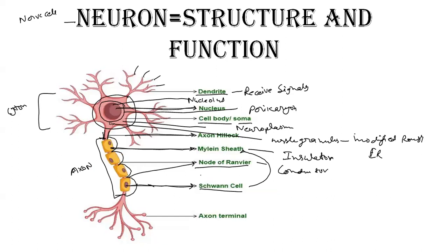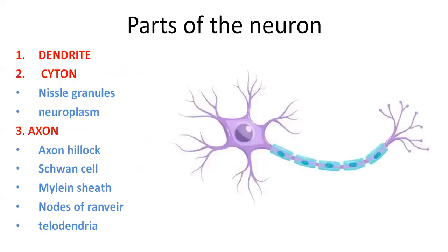So transmission of nerve impulses is possible through the nodes of Ranvier, and these impulses reach the axon ending, which is called the axon terminal. At the axon terminal, this knob-like structure is present, which is known as telodendria. So this is the structure of the neuron.